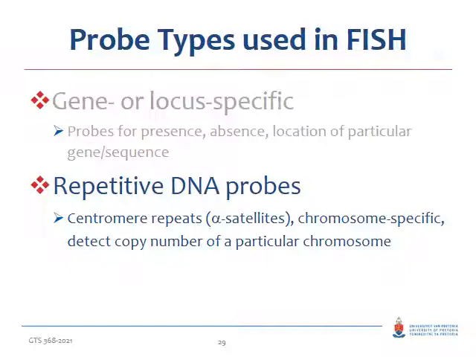You can also manufacture repetitive DNA probes, which are aimed at centromere repeats or alpha satellites. This can be made very chromosome specific and can then detect copy numbers of a particular chromosome so that you can actually, for instance, diagnose a trisomy.